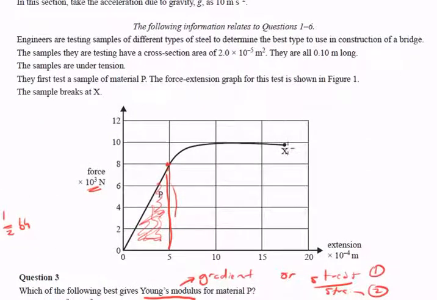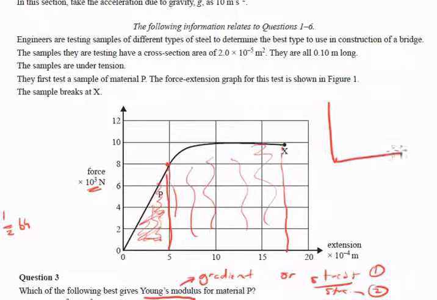So we're going to work out the area all the way to here, this whole area. You could count the squares in this one, but what I'm going to do is treat it as made up of a straight bit, a triangle, and a flat bit, a rectangle.